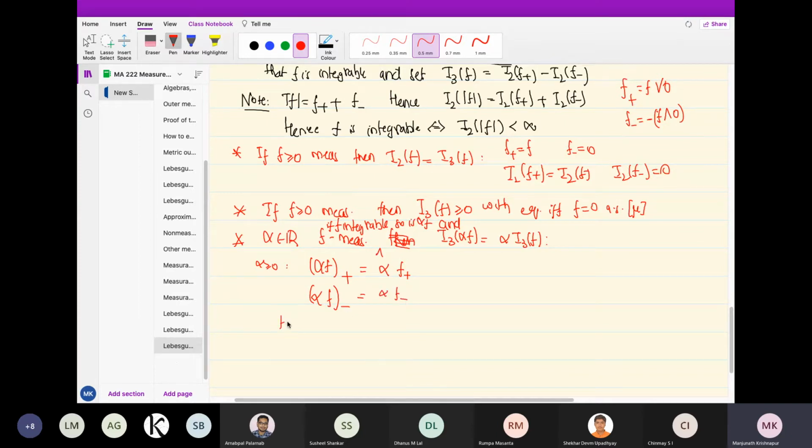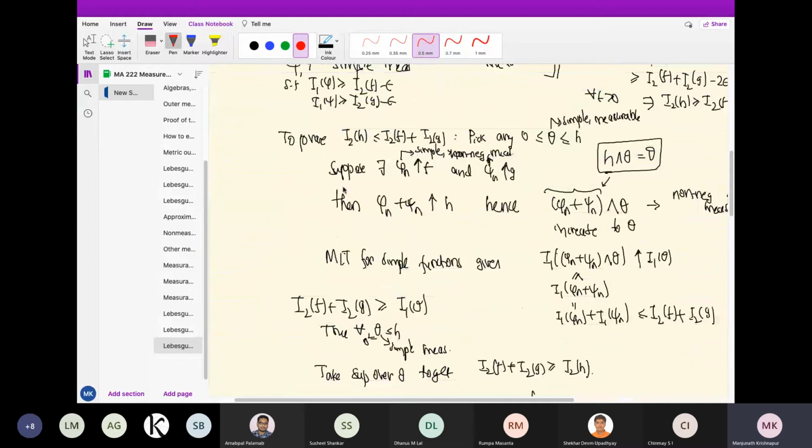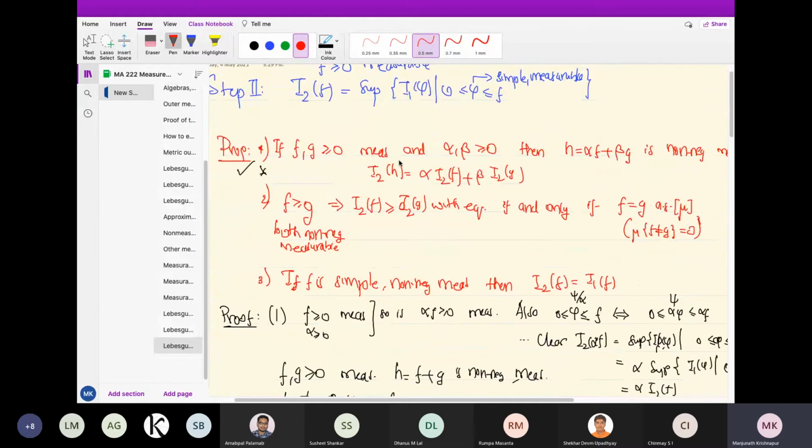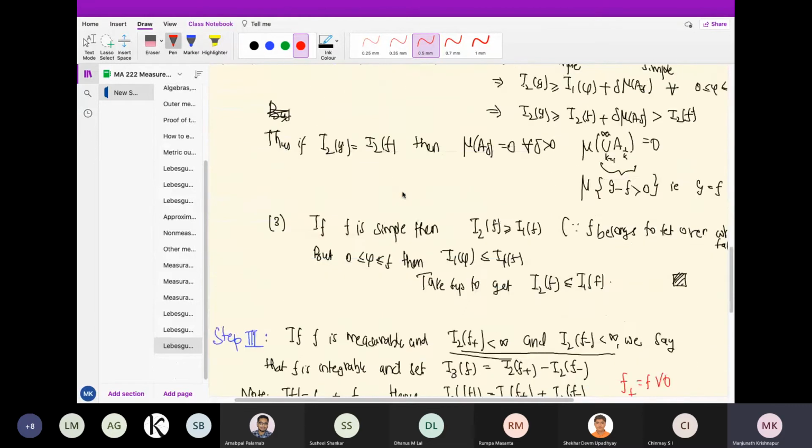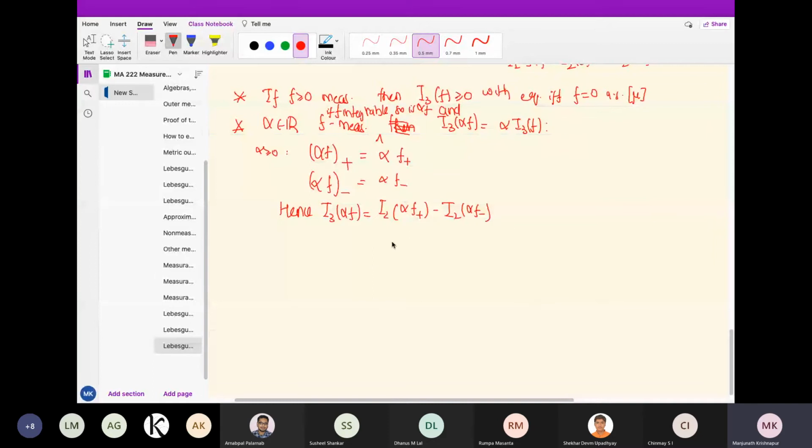So hence you'll get I2 of alpha f plus minus I2 of alpha f minus. I'm writing it out because it should be clear why I had to do all this stuff here. I had to prove this scalar multiplication property for I2, otherwise I would have trouble here.